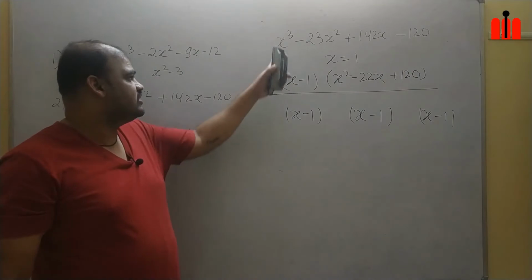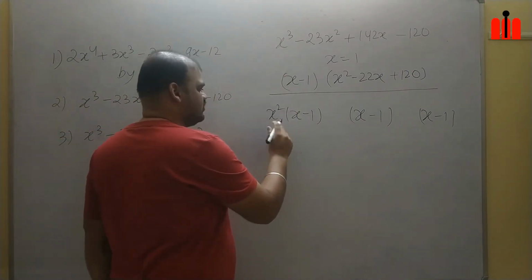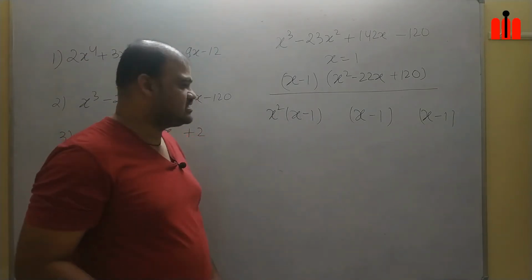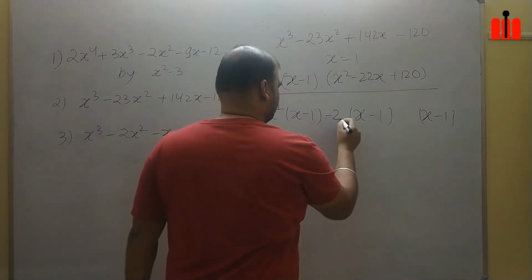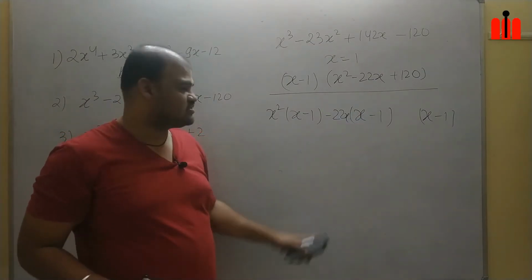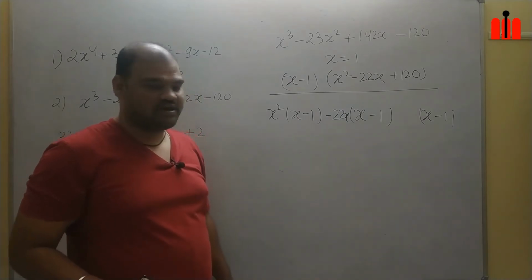Okay, first here you have x cube, so multiply it with x square, you will get x cube. After that you get minus x square, but here it is minus 23x square, so you multiply with minus 22x. Then you will get minus 22x square from here, minus x square here, so it will become minus 23x square.